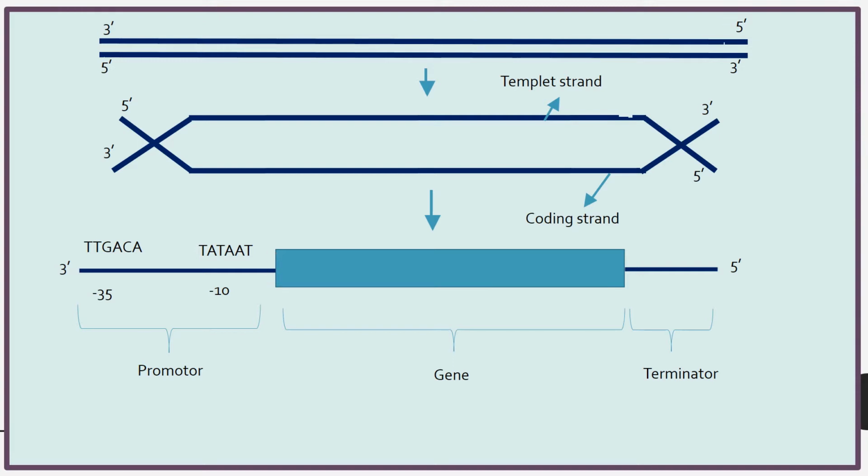Then there are downstream sequences. These downstream sequences are basically the gene. Now this part of the DNA or the template strand will be transcribed during the process of transcription, while the last part is the part which has the terminator. In this area, the termination of the transcription will be done.